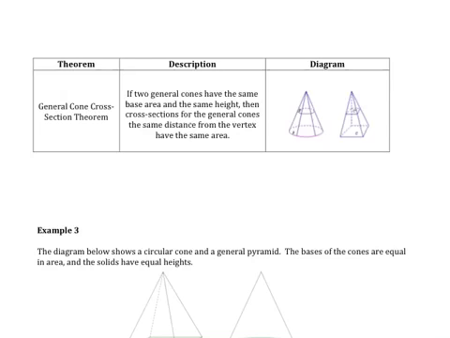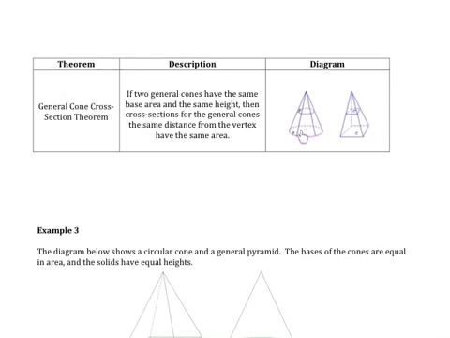So here's another concept that relies on the idea that a cross section is a slice that's parallel to the base of a cone or a prism or a pyramid. If two general cones have the same base area and the same height, then any cross sections at the same distance away from the vertex are going to have the same area, regardless of what the shape looks like.